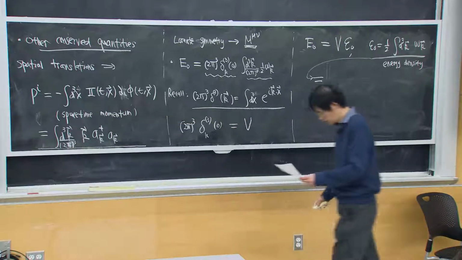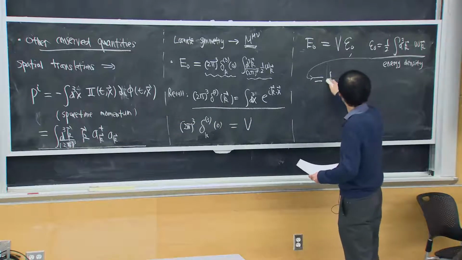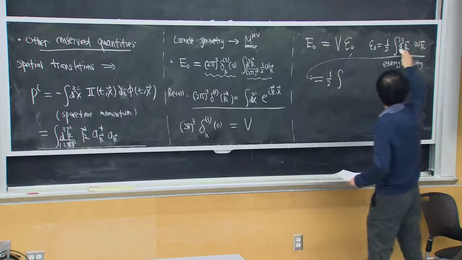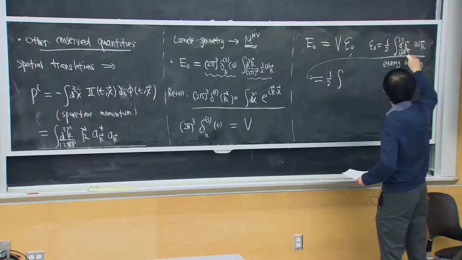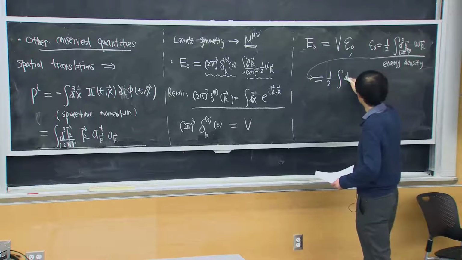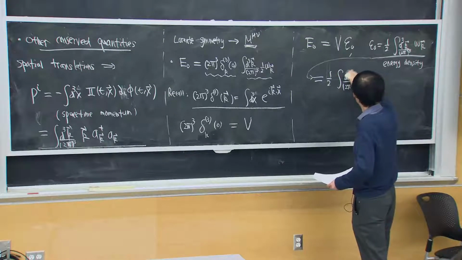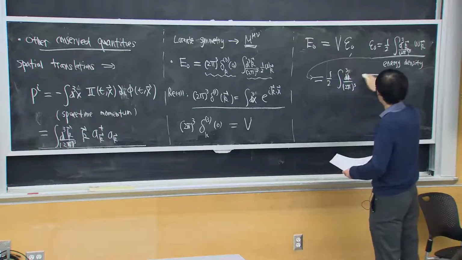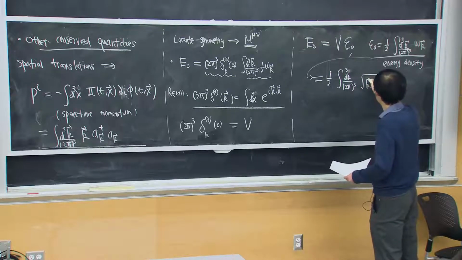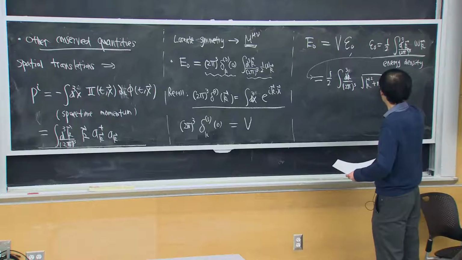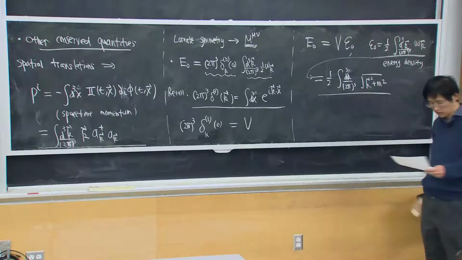So this is just 1/2, sorry, I forgot the 2π, ∫ d^3k over (2π)^3, and then you have omega k. That's what you get.